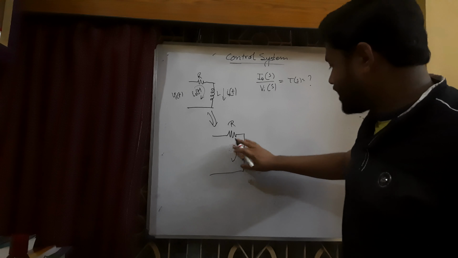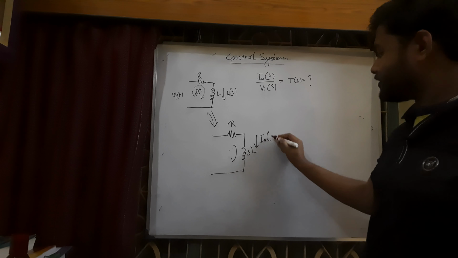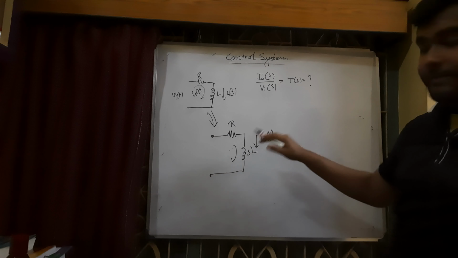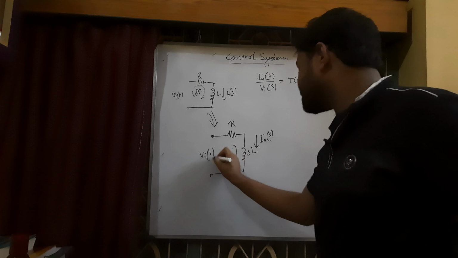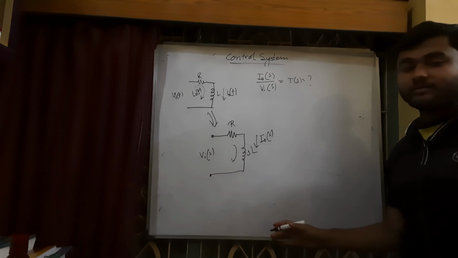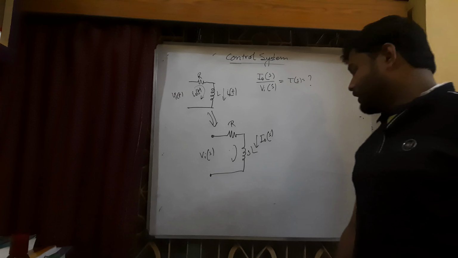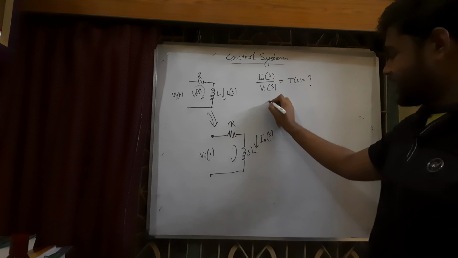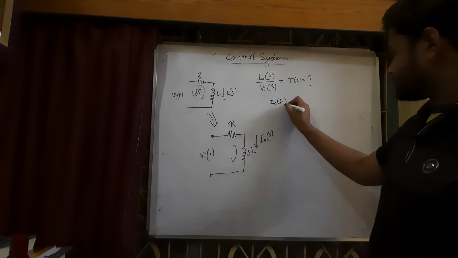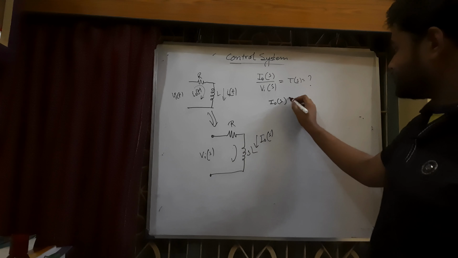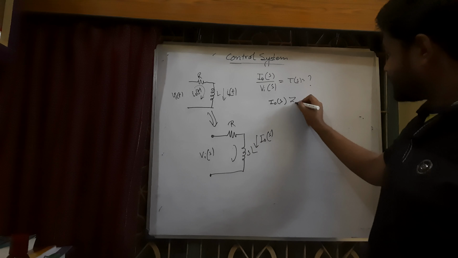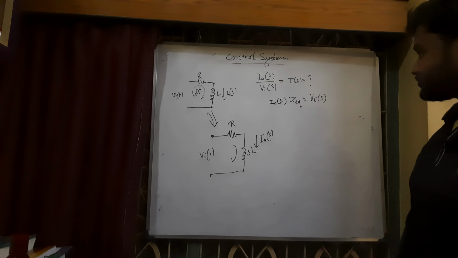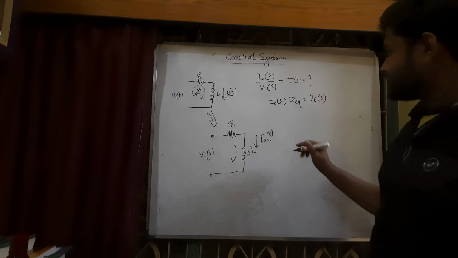And it will become I_o(s), capital I_o(s), because this is the Laplace domain representation, so all the time domain functions will be converted into Laplace domain functions. Now by using simple Ohm's law, we can calculate I_o(s). I_o(s) into Z equivalent equals V_i(s), isn't it?